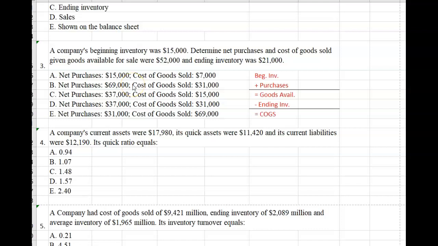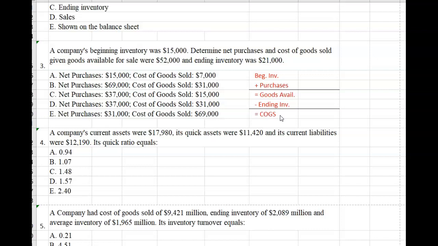Well, the formula that we had in chapter 4 and 5 for this is beginning inventory plus purchases equals goods available for sale minus ending inventory equals cost of goods sold. You could say goods available for sale minus cost of goods sold equals ending inventory. Either way, it will give you the correct answer.